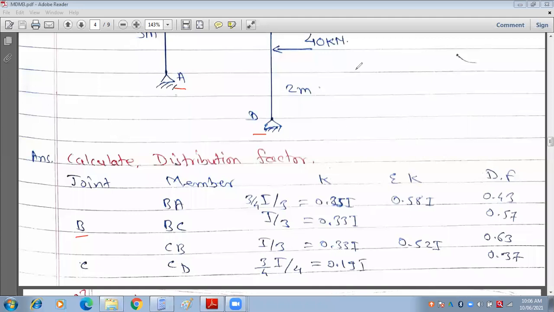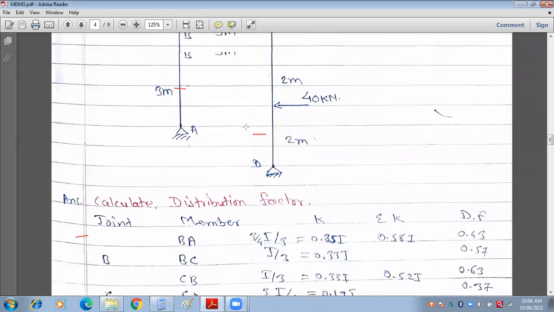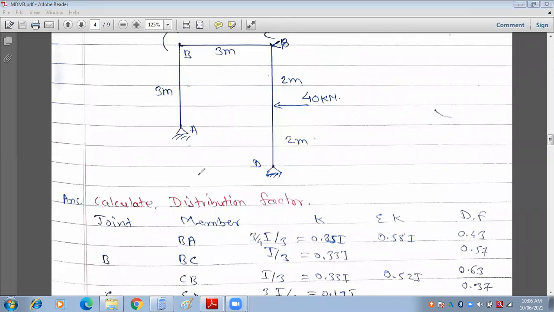Now let us consider joint B and joint C. Joint B first. To joint B, BA is the first member and BC is the other member. Now let us consider BA.